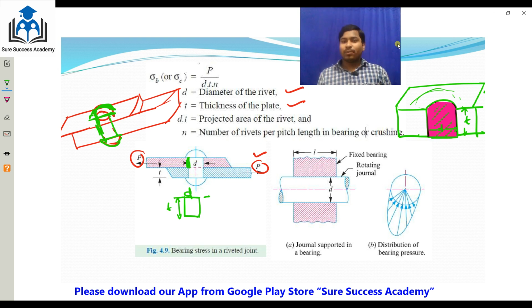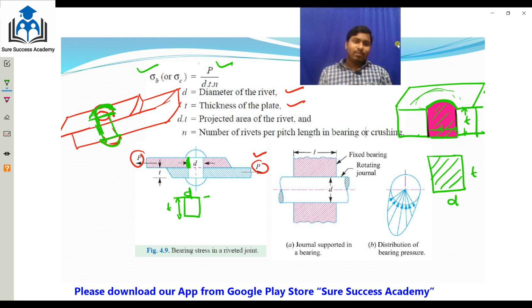If you make the projection of this, what will happen? You will get one cross section like that, d and t. This is the crushing area, or bearing area, projected. So the bearing stress is equal to P, the applied load, divided by d into t into n, where n is the number of rivets.